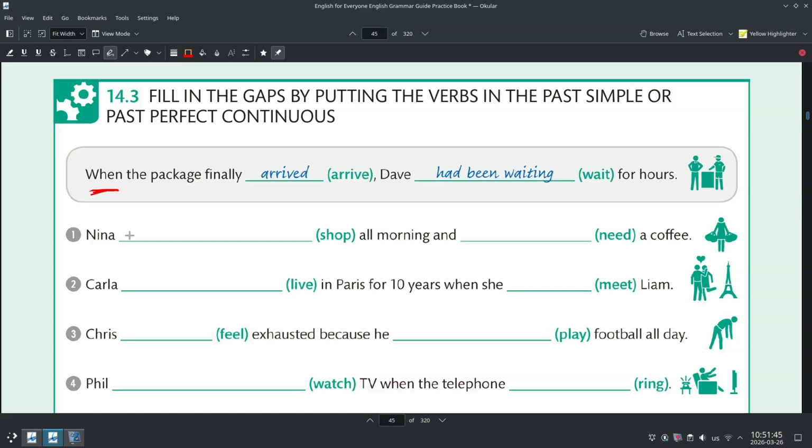Nina had been shopping all morning and needed a coffee. Number 2. Carla lived in Paris for 10 years when she met Liam. Carla had been living in Paris for 10 years when she met Liam.